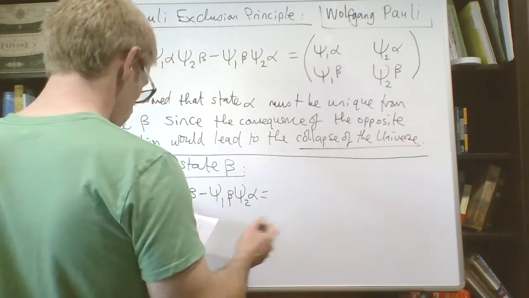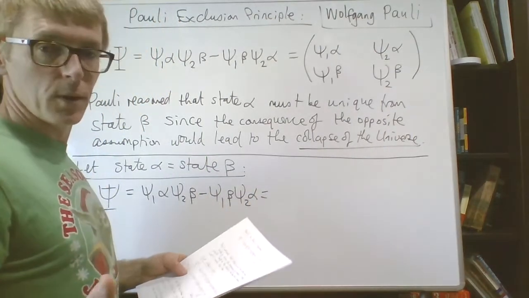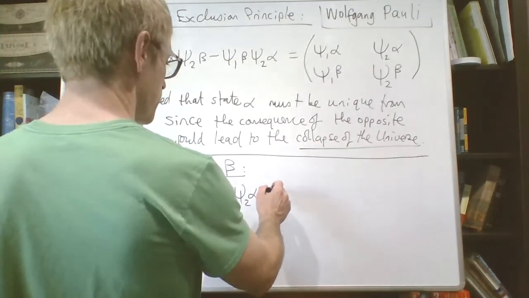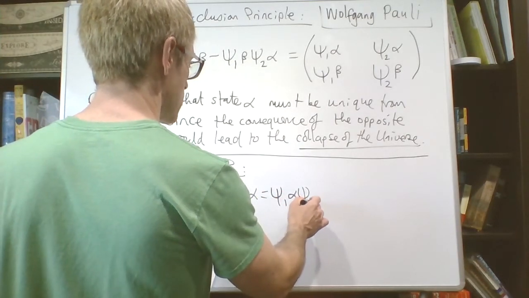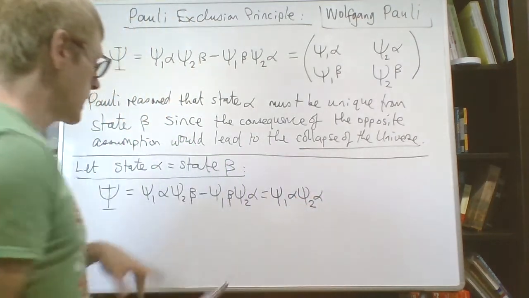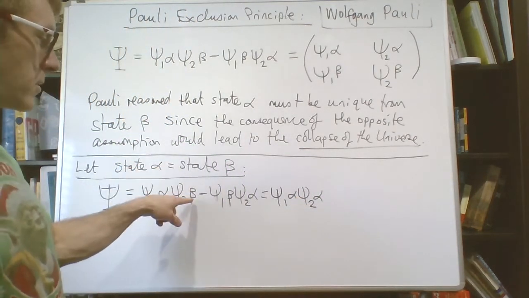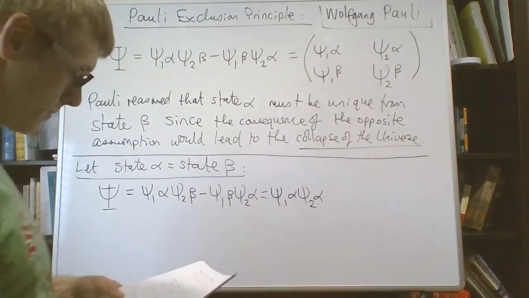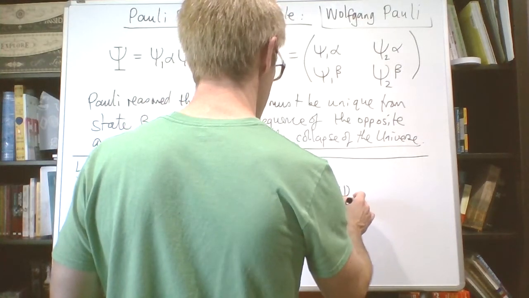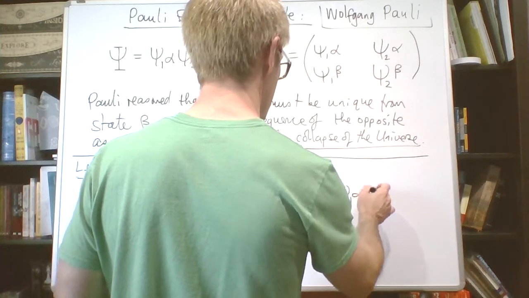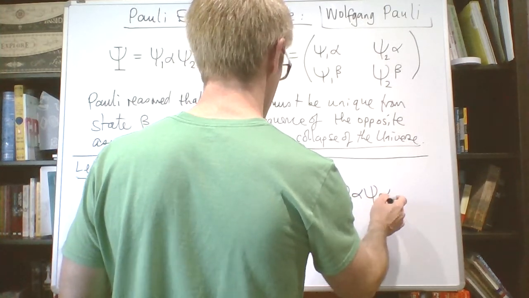So psi 1 alpha, psi 2 alpha, minus psi 1 alpha, psi 2 alpha.